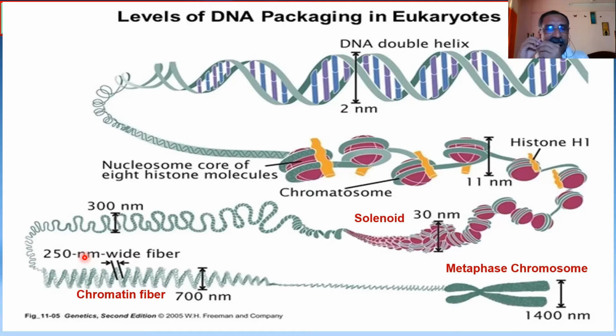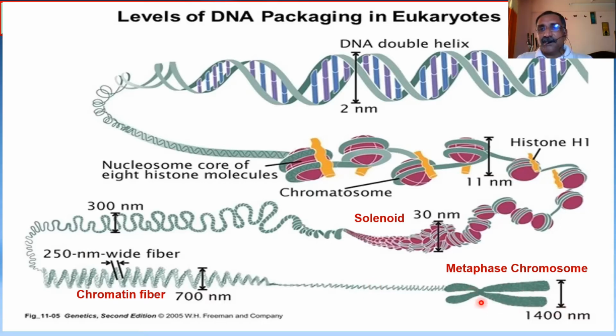Now what you can see then, this 700 nanometer chromatin fiber is getting attached by certain proteins like histones or non-histones, and ultimately it becomes a chromosome like this.